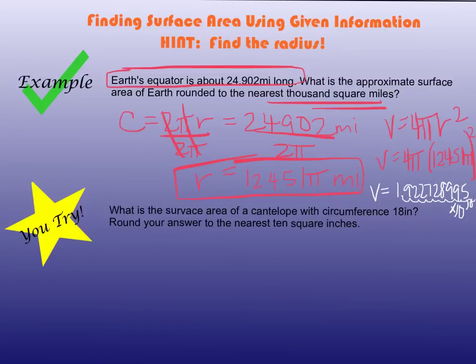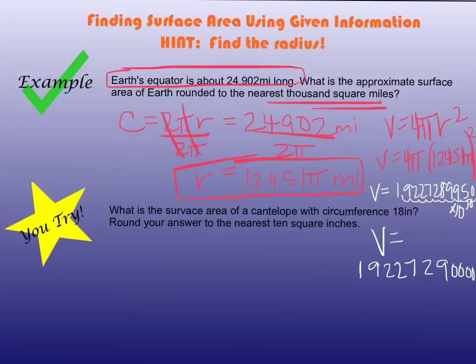So there's a 0 there at the end when I move that decimal place. They want us to round it to the nearest 1,000 square miles. So my answer is going to be 19227290000.